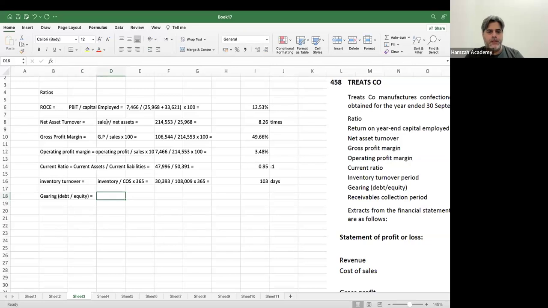The formula for gearing is 33,621 divided by 25,968, into 100. So that's going to be 129%.